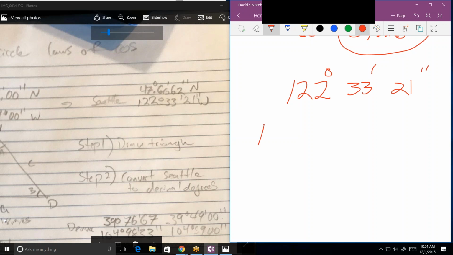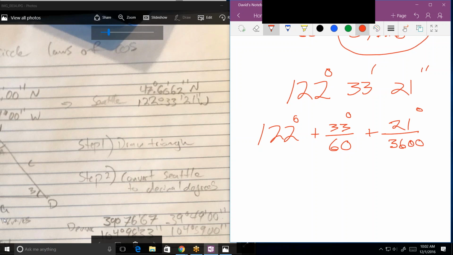That's 122 degrees plus 33 divided by 60 degrees plus 21 divided by 3600 degrees.